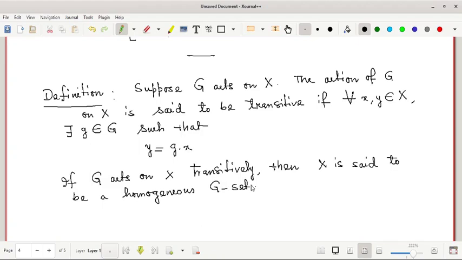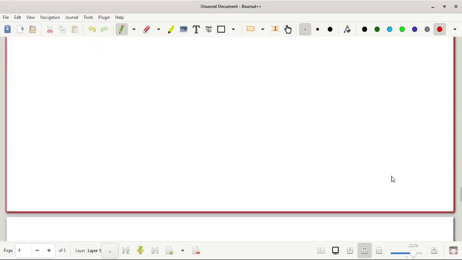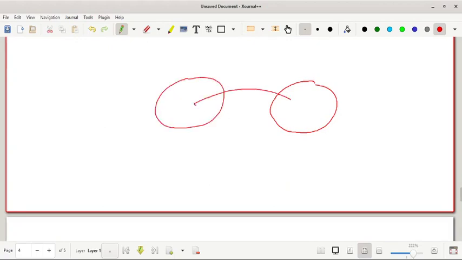You have your set X, this is G, and we have the action of G on X. This action is transitive if you choose any x and y, then y can be achieved by the action of some element g on x.